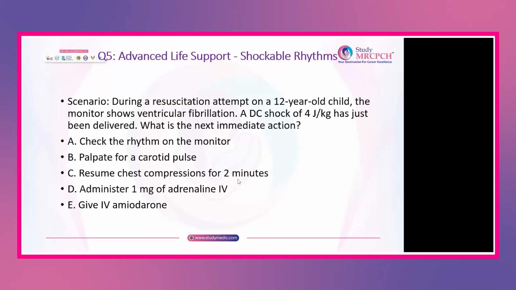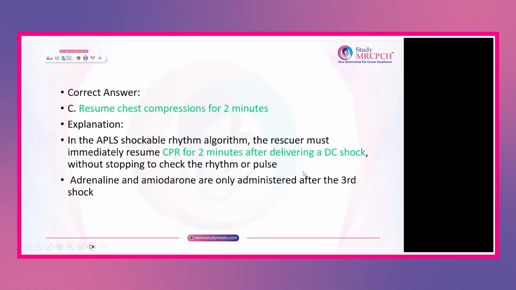Let us remember when we can give these: after the 3rd shock and after the 5th shock. Adrenaline is administered every 4 minutes and will be continued. So what do we do immediately after this shock is given? It will be resuming chest compressions for the next 2 minutes.